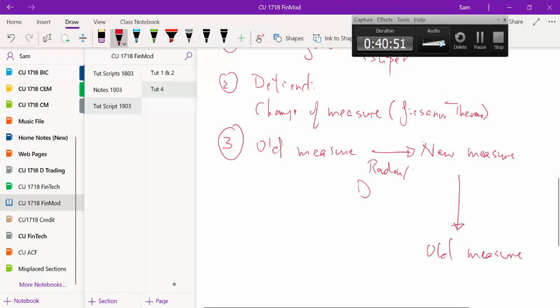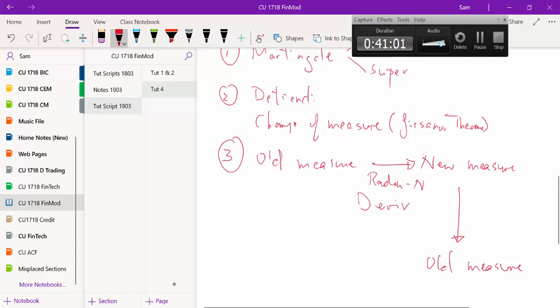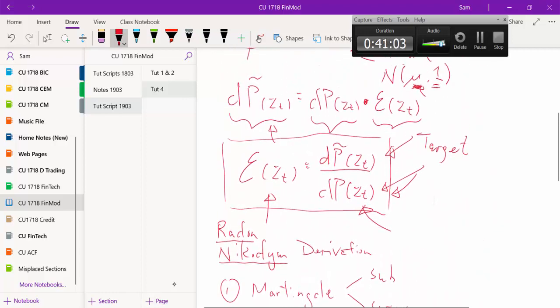Radon-Nikodym derivative. And the reason it is called a derivative, I mean, anything which has got something over something is always called a derivative.